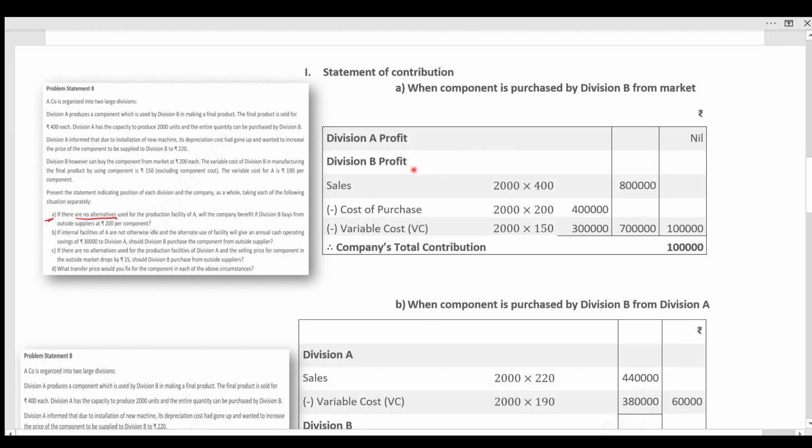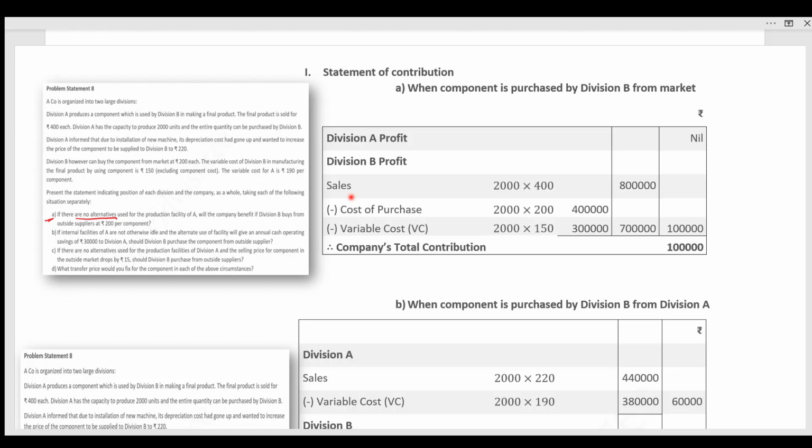The next is division B buying from the market. As the heading says, it's buying from the market. So let's calculate the profit of division B. The profit formula is sales minus cost. Division B is going to purchase the component, turn it into a final product, and sell it in the market.